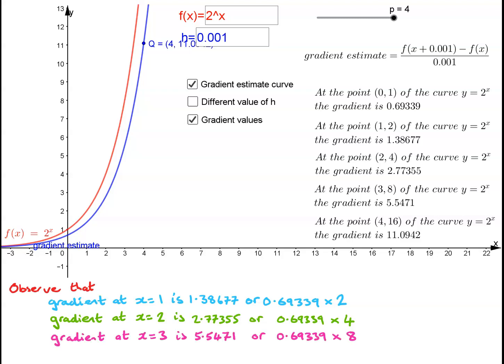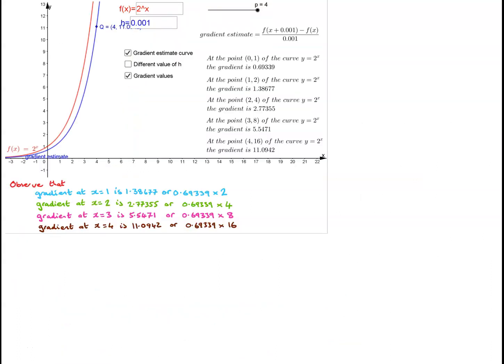When x is 3, the gradient of the curve is 5.5471, which is 8 times the gradient when x was 0. And when x is 4, the gradient was 11.0942, which is 16 times the gradient when x was 0.